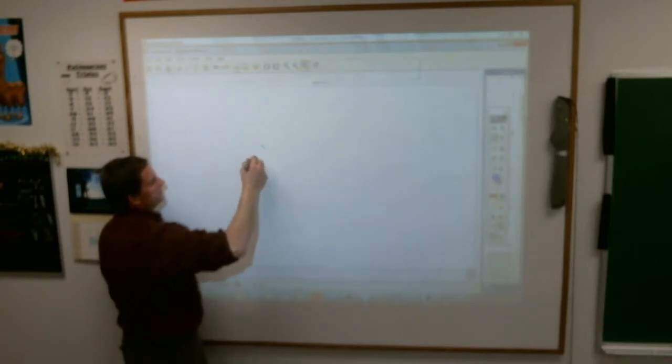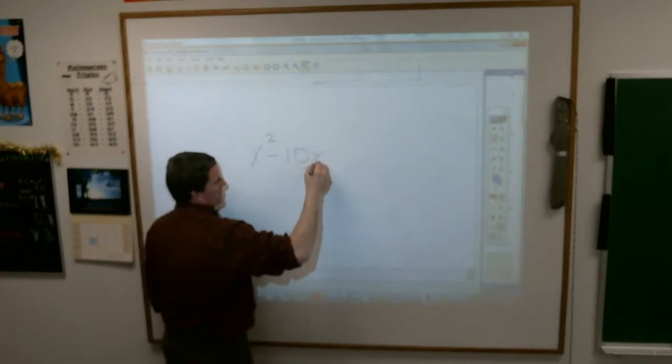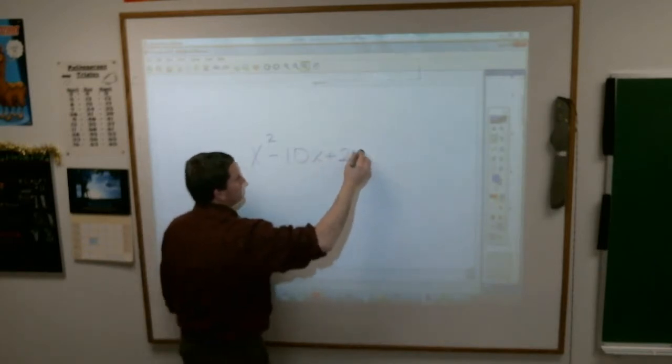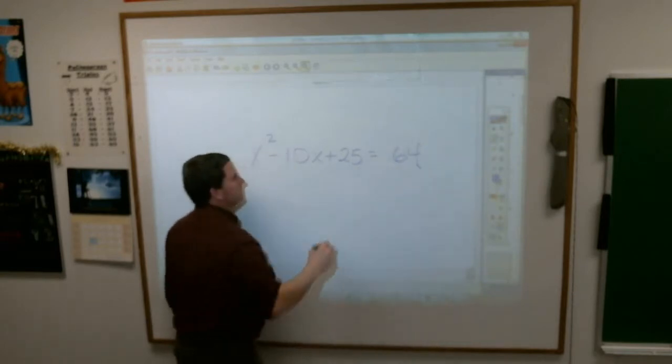How about this one? x squared minus 10x plus 25 equals 64.